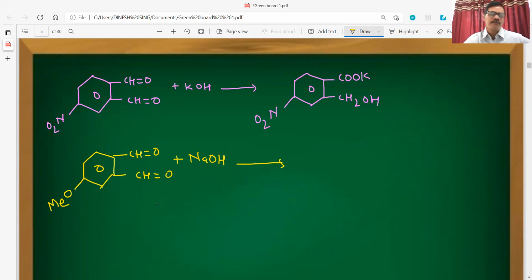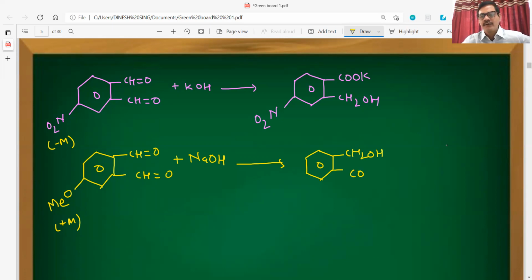Here it is giving plus M, so this CHO group becomes less reactive as compared to the other, because OMe is giving plus M, decreasing its reactivity. So now it will get reduced and the other will get oxidized, with OMe.